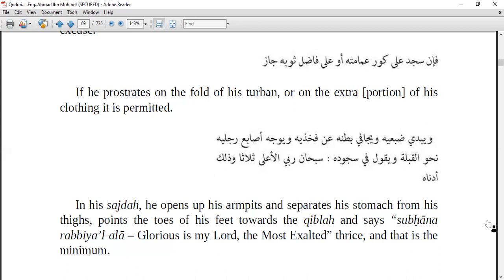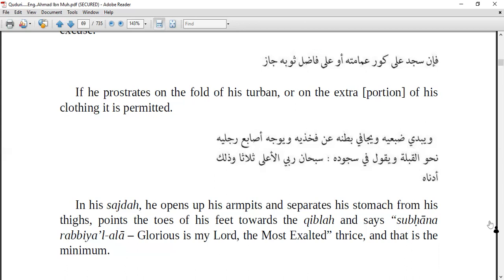So they have to make themselves as concise as they can, right? Because هذا أستر لهن. This is best in order to hide their aura, right? You don't want their whole bodies to be exposed, their figure to be exposed. So that's why they're going to perform the sujood, as we've mentioned.